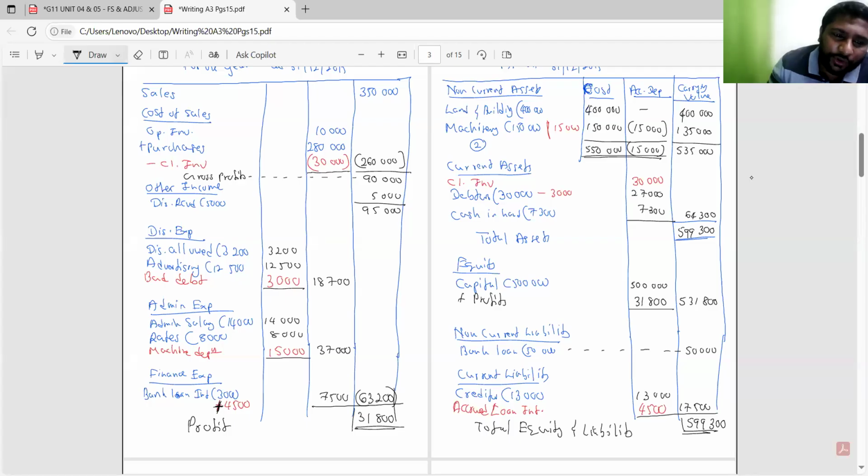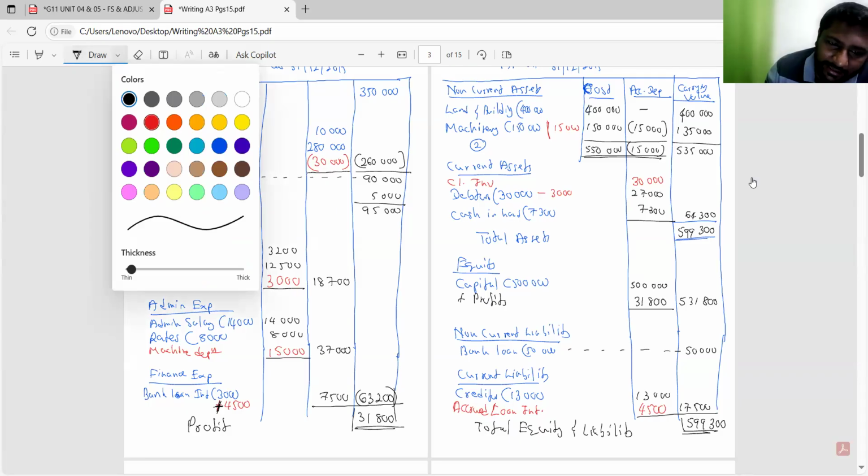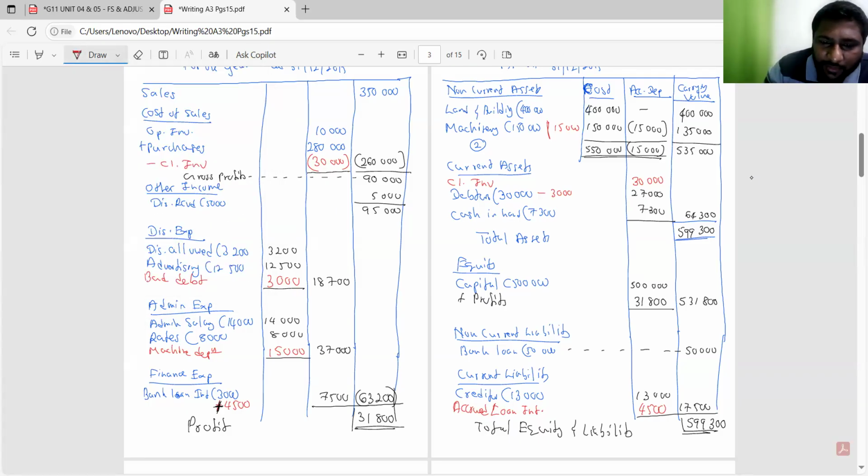I'll just show you generally how the marks are allocated. For this, one mark. For writing this value, another 1 mark. And for this accumulated depreciation here, 1 mark, 3 marks.